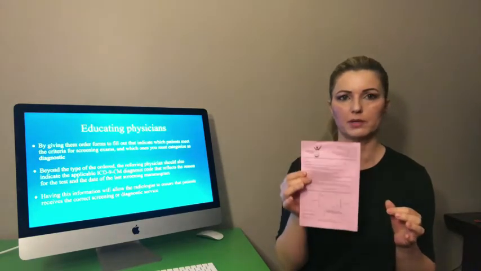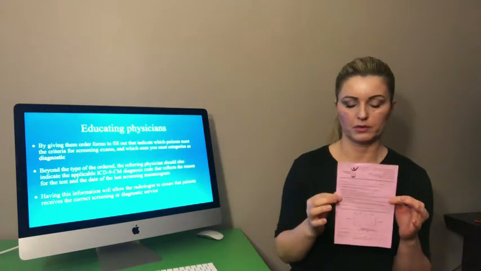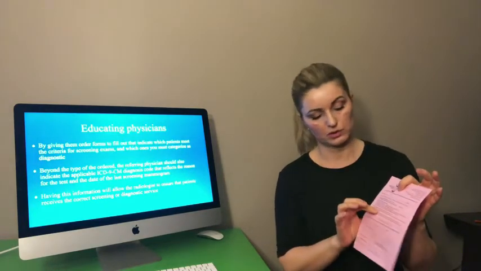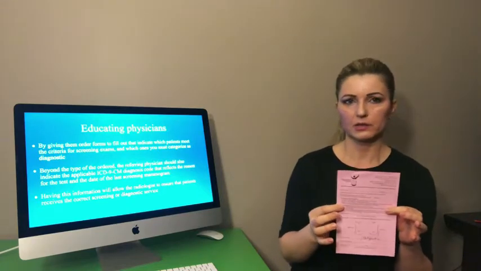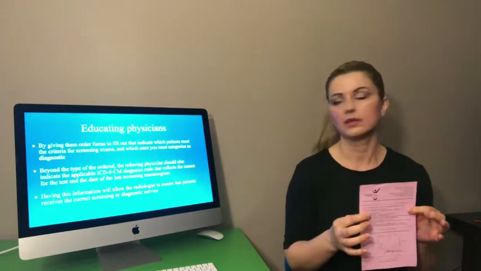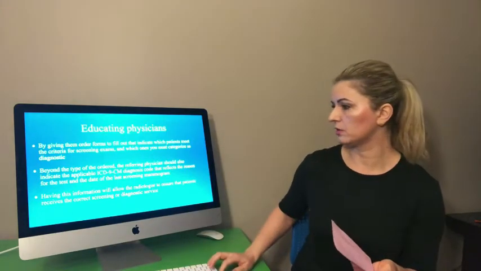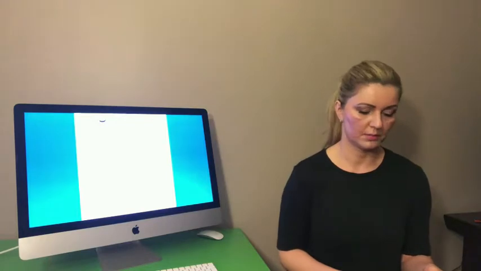This is great because when the radiologist looks at this order, they have the code next to the diagnosis, and this way they can make sure the patient receives the correct screening or diagnostic services. So this would be one of the other ways to approach this problem.